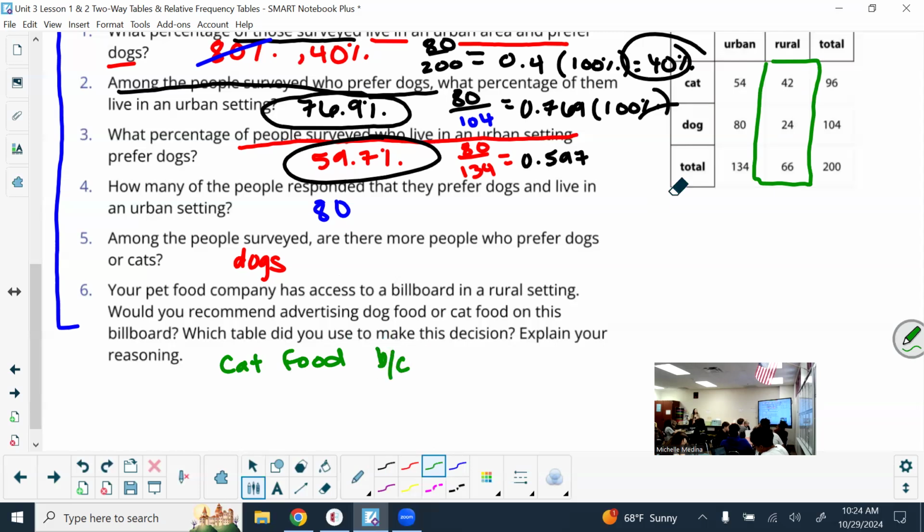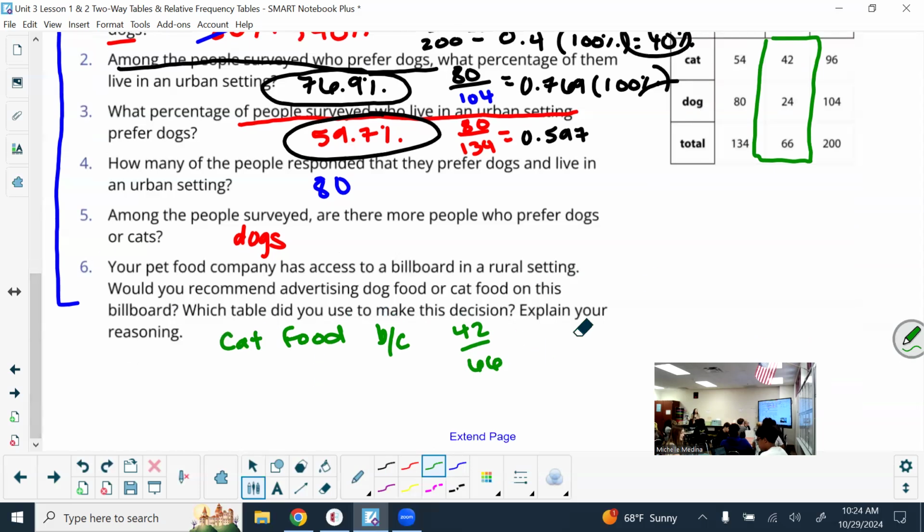And for your reasoning, you could mention your relative frequency. You could say whatever 42 divided by 66 is, and then times 100%. You could say this percentage of people living in a rural setting prefer cats than dogs. So it would make more sense to have the cat food.